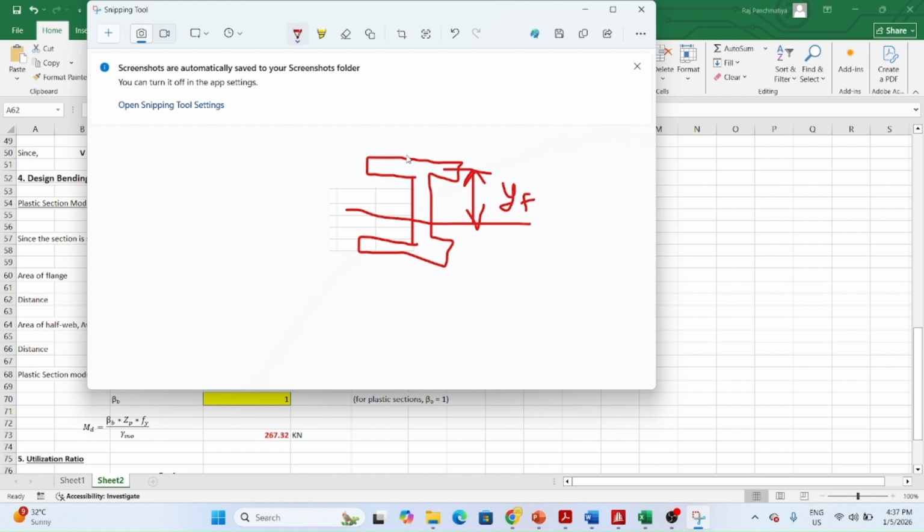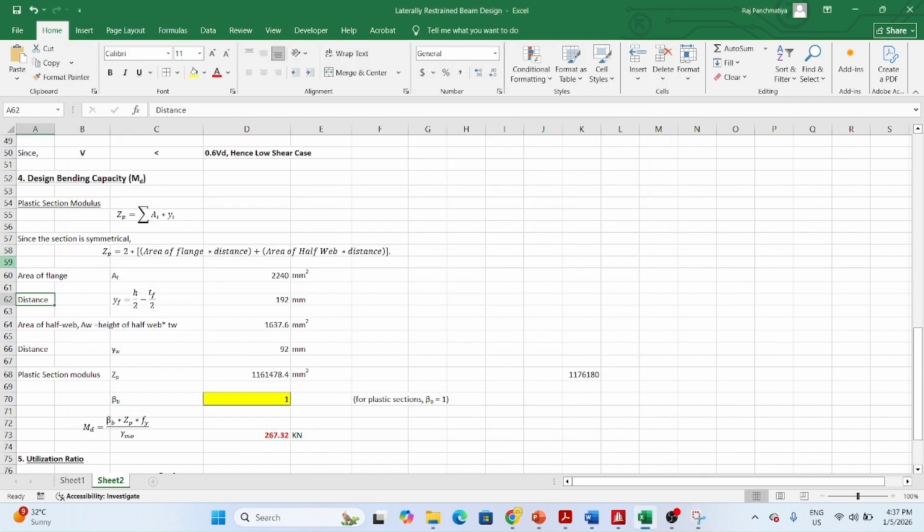How do we calculate this distance? Half of the depth will be this much, minus half of the flange thickness. So we will get this distance. That is what I have done. YF is nothing but h by 2 minus TF by 2. So that will come out to be 192 mm.